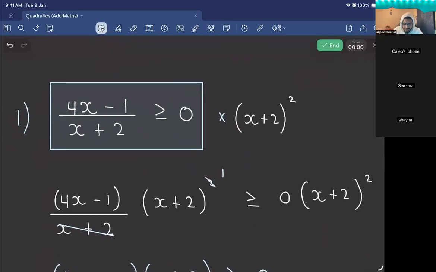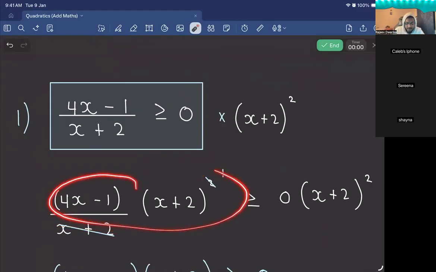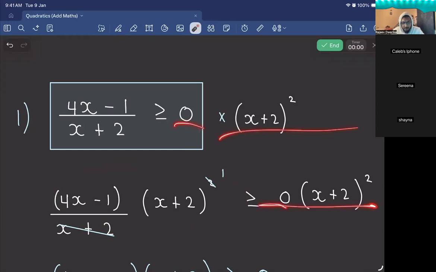Now Shayna, if I do that, isn't x plus 2 squared just x plus 2 by x plus 2? So wouldn't one of the x plus 2's in the denominator cancel off with one on top? Yes, sir. So in doing this, we still end up with an x plus 2, just not in the denominator. And if you multiply 0 by x plus 2 squared, what is 0 by anything? 0. Serena, let me know if you understand that.